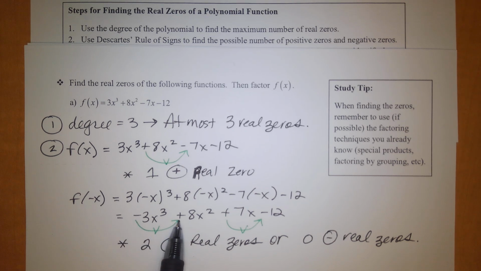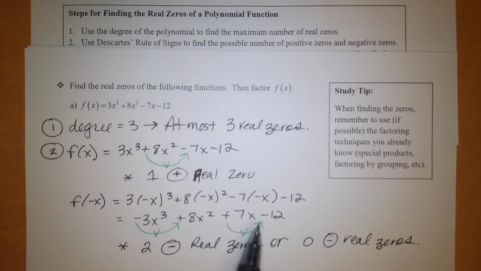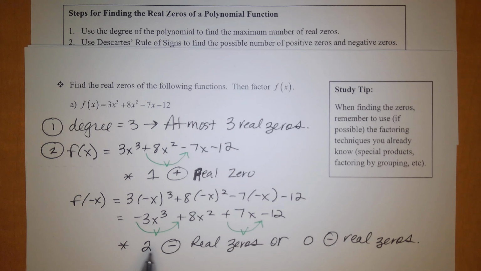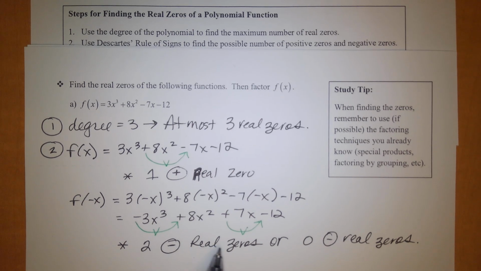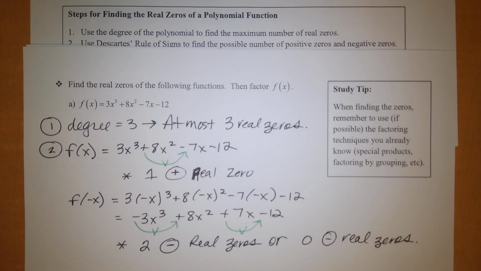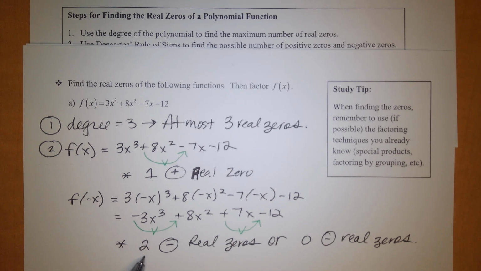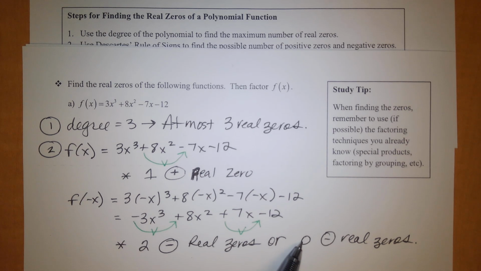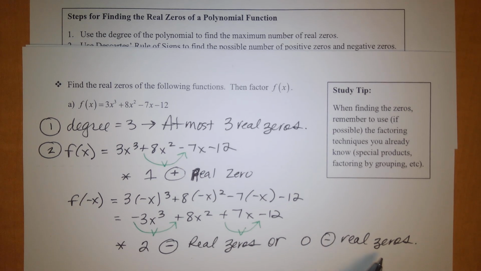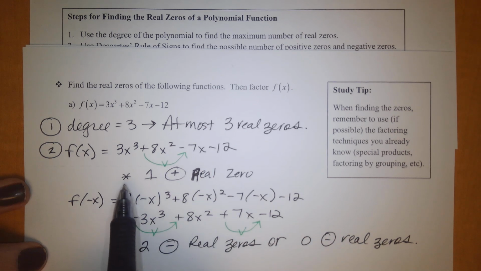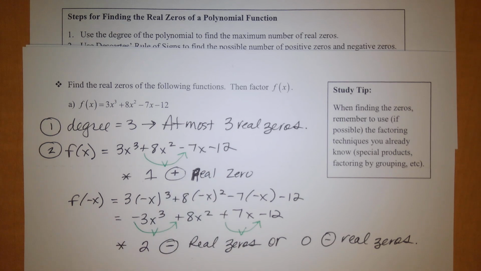Since I had 2 sign variations, I have up to 2 negative real zeros, or I could have an even integer less than this. I could have 2 minus 2, which is 0 negative real zeros. So I'll either have 2 or 0 negative real zeros, but I know for sure I will have 1 positive real zero.